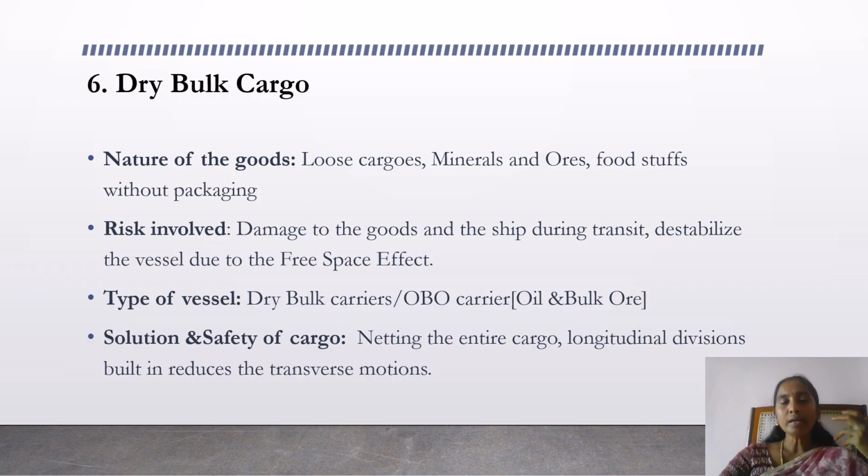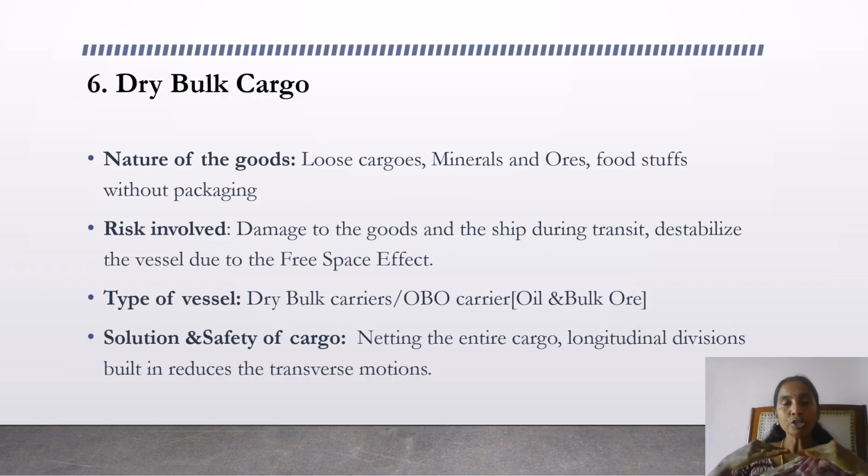So there is high chance of damage to the goods during the transit, because the cargo is not being packed and it's not safe. It is being kept in a loose form. So the humidity, the weather, the rain, the ocean water, all this may create damages to the product. And at the same time, I have already told you what is this free space effect.